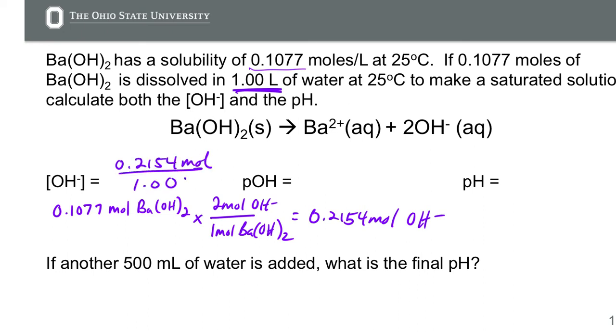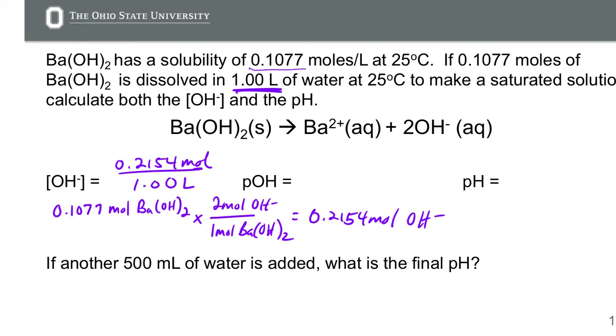And so we end up with 0.2154 moles per liter. Everyone okay with that? So barium hydroxide, calcium hydroxide, strontium hydroxide. Those are your 3 strong bases where for every 1 you put in solution, you get 2 hydroxides. So keep an eye out for those.